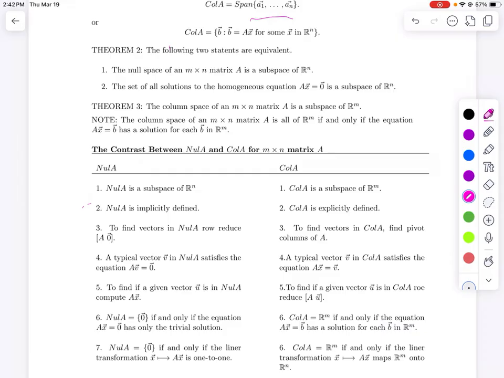As we said, the column space consists of vectors which can be written as linear combinations of columns of A. Number 5, okay, we are done with number 5, sorry.